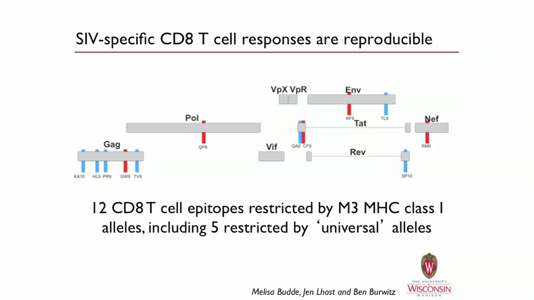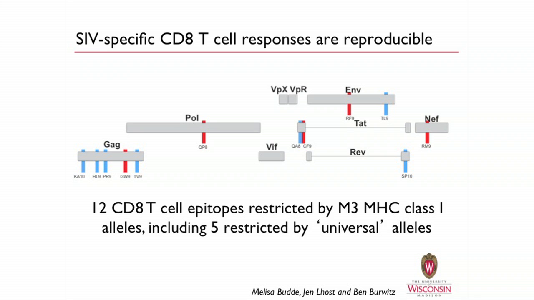The last major advantage is that we can map CD8 T cell responses pretty rapidly in these animals, and these T cell responses are quite reproducible among animals. And just to give you an idea, if you look at the M3, M8 haplotype, we've already mapped 12 CD8 T cell epitopes that I'm showing here on this slide, and I know of a couple of others that are restricted by alleles present on this haplotype as well, including 1, 2, 3, 4, 5 epitopes that are restricted by the universal alleles.